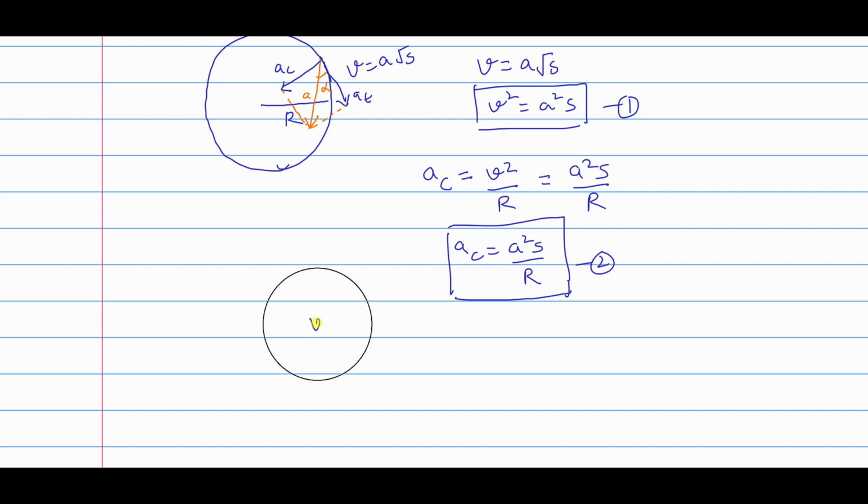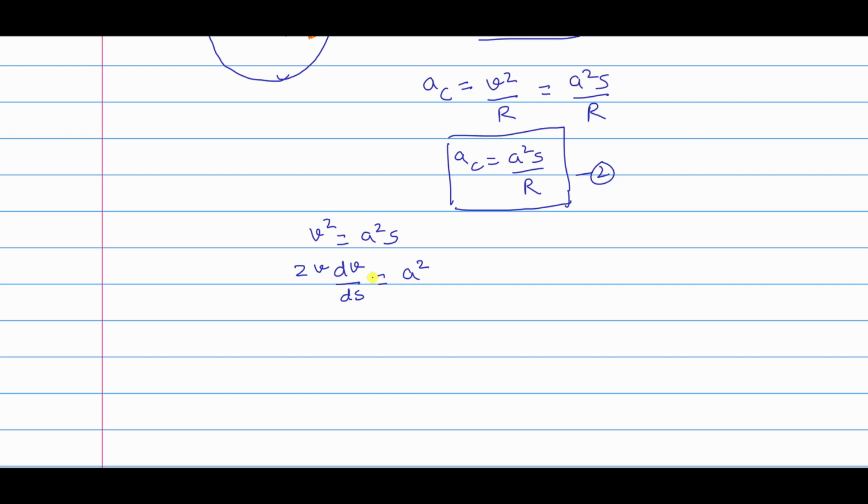As we know, v square is equal to a square s. We can differentiate this whole expression with respect to s. What we'll get is 2v dv upon ds equals a square, as a is the constant. You need to identify that this expression v dv by ds is acceleration. How? a is equal to dv by dt.